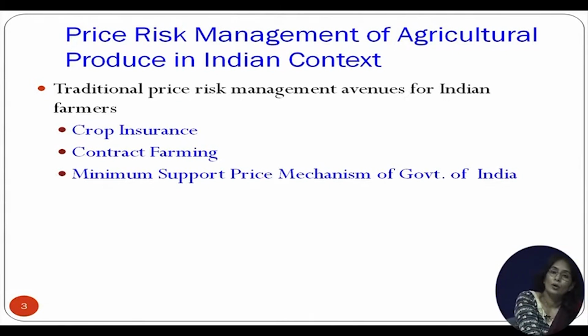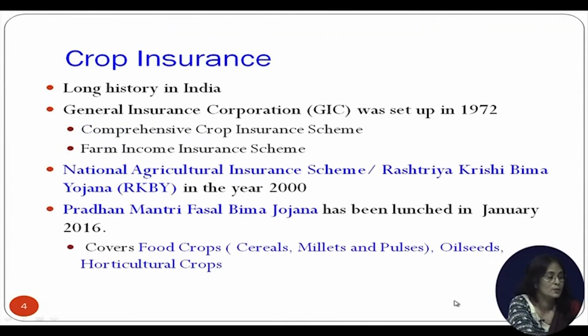Let's go a little deeper into crop insurance. Crop insurance has a very long history in India, and I'm sure most of you have heard of the General Insurance Corporation, GIC, which was set up in 1972 with the exclusive objective of providing farm insurance to farmers.